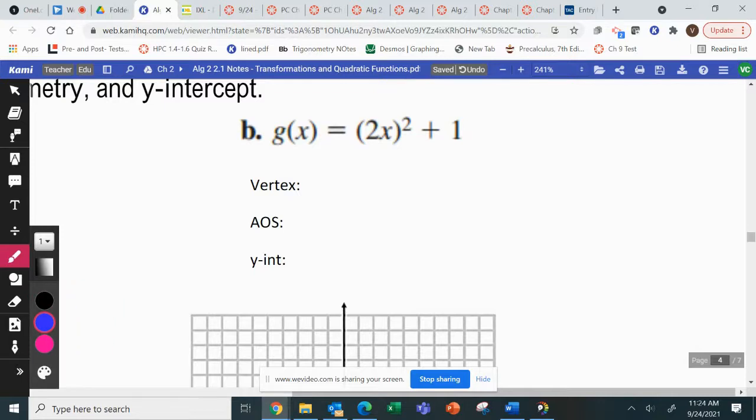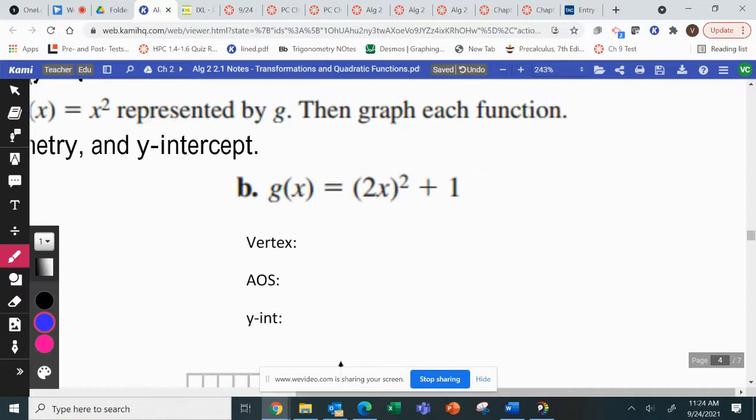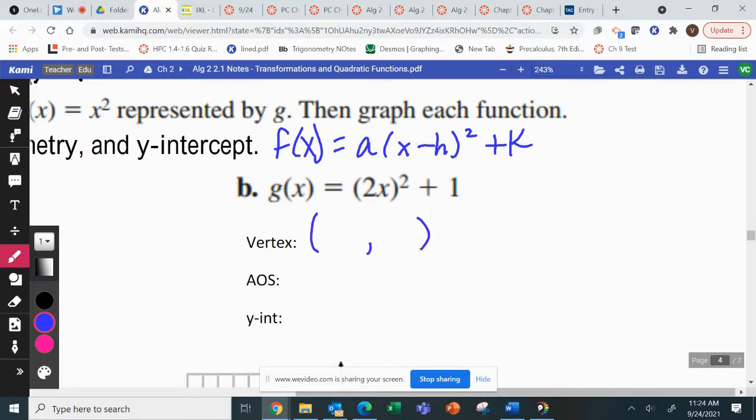So we need the vertex. Let me write that equation again. F of x equals a times x minus h squared plus k. We need the vertex. Megan.